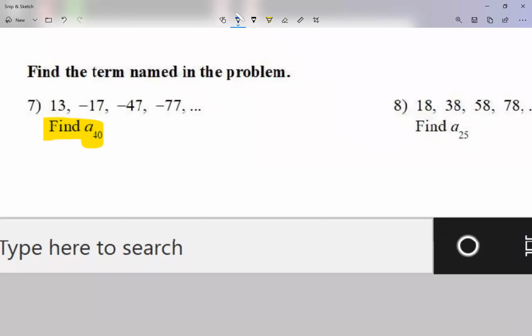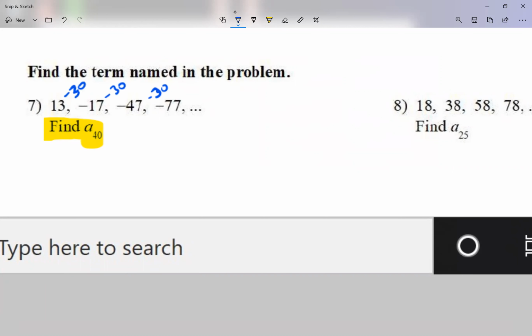From 13 to negative 17, I probably subtracted. Oh, actually minus 30. Then if I subtract 30 again, I get negative 47. I subtracted 30 again. So first thing, I see my pattern.